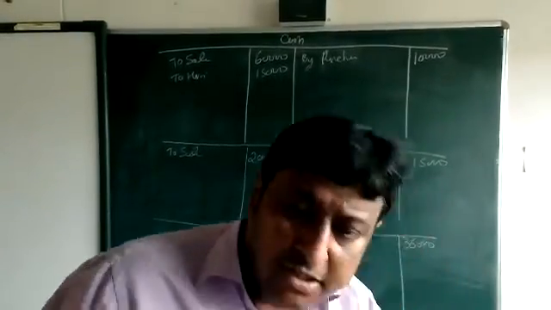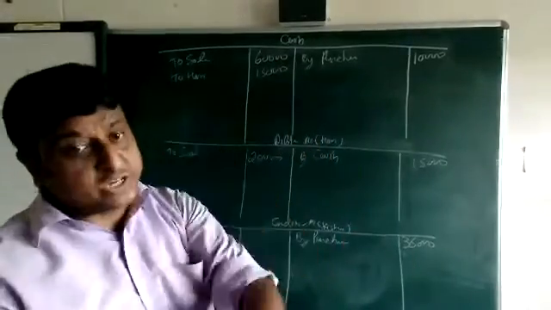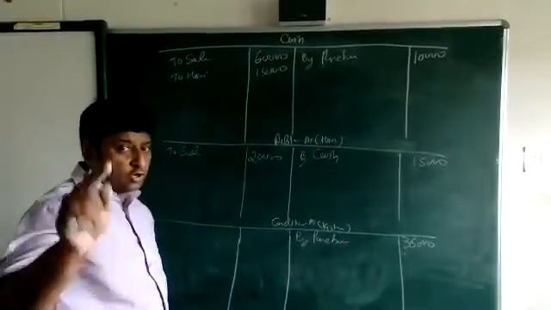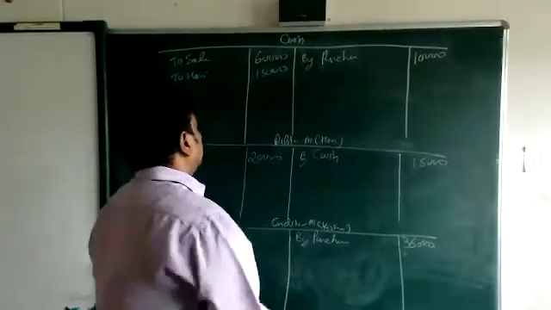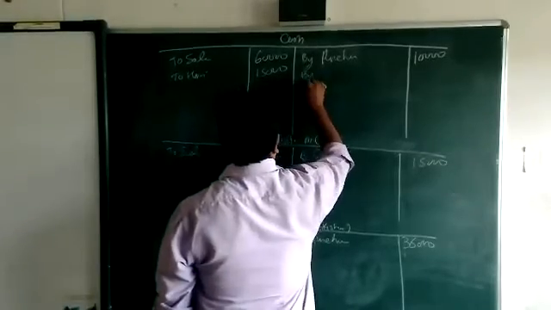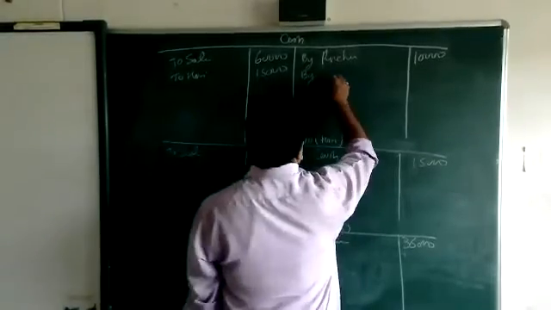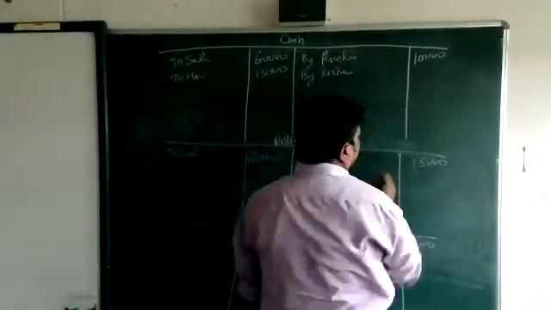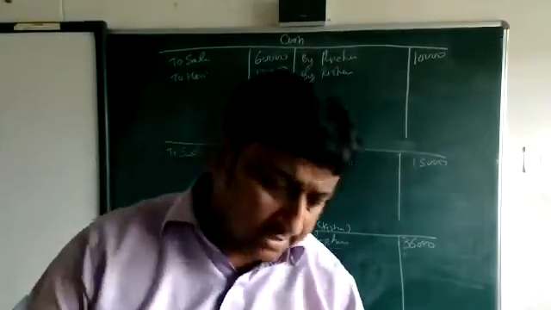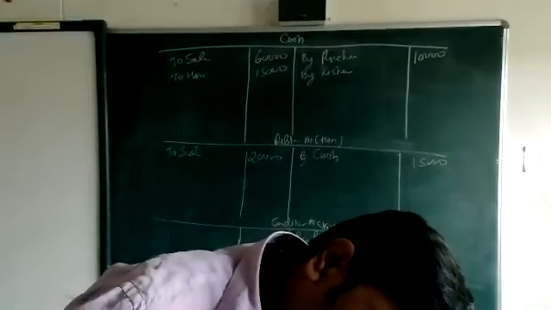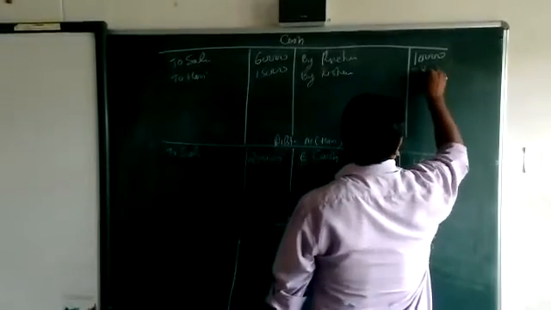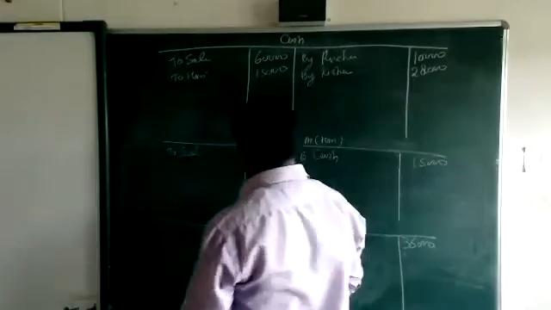Cash paid to Kishan. You are going to pay the cash to Kishan. It means you are paying, so your cash will decrease. If your cash decreases, to which side? The credit side. You are paying your cash and cash will decrease, so we show it on the credit side, 28,000.